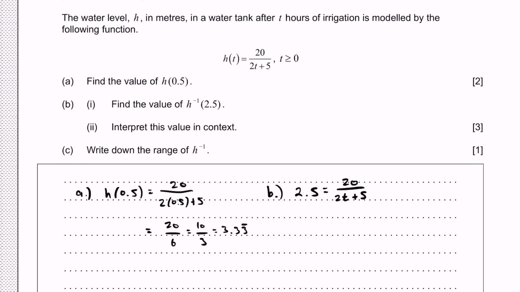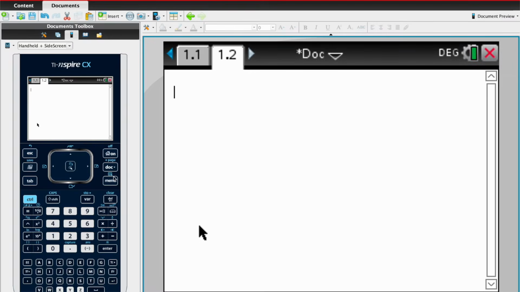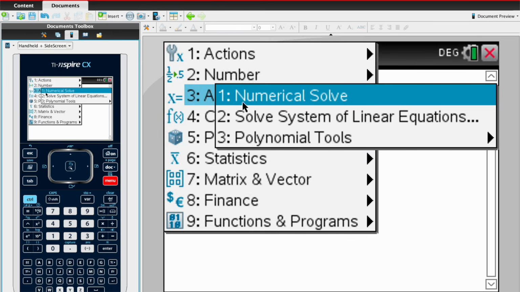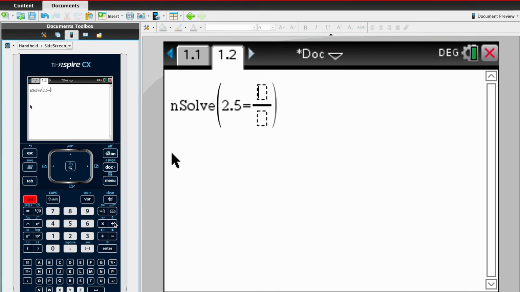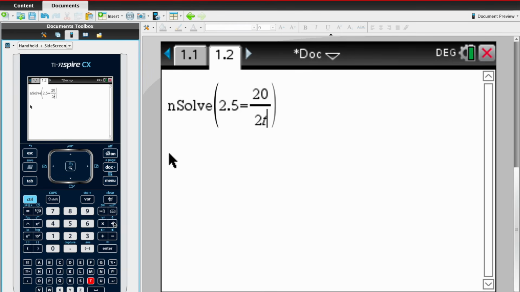So let's go to the calculator and work this out using nsolve. So menu, algebra, numerical solve. 2.5 is equal to, set up a fraction, 20 over 2t plus 5, and we'll ask the calculator to solve for t.